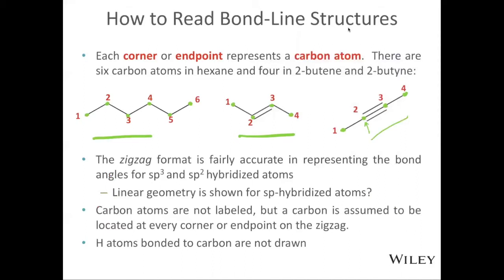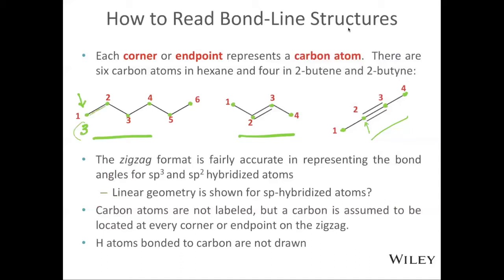Carbon atoms are not labeled, so we never write a carbon in, and we assume that all of the hydrogens are attached to that carbon as needed. If we walk through this molecule, this carbon right here, carbon number 1 on our alkane, must have 3 hydrogens because carbon needs 4, and there's a single bond right here.